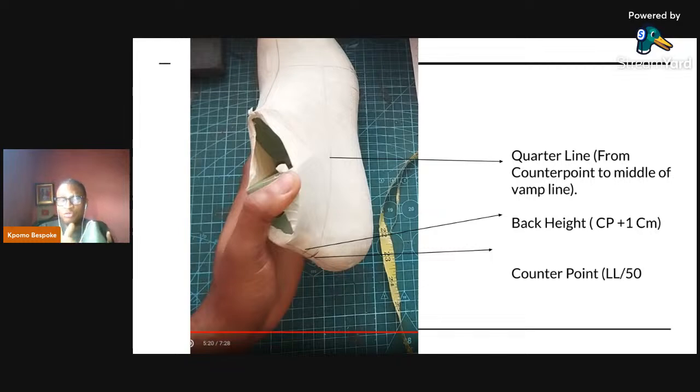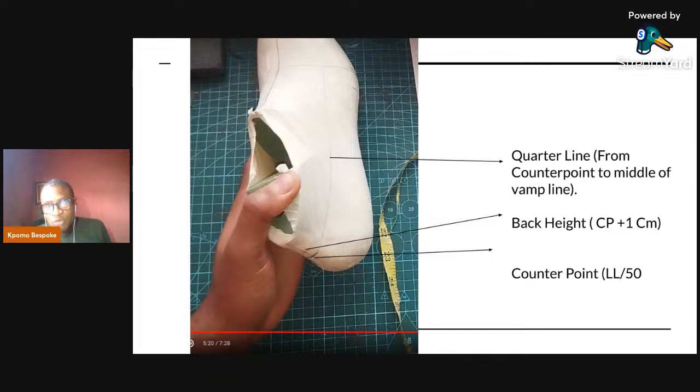But if it is a shoe and it is already slipping out of the shoe, then it can be uncomfortable, and the person will be trying to use his toes to grip himself in the shoe while he's walking. So you want shoes that are very comfortable for your customer without any problem, which is why I like to add between 0.5 cm and 1 cm to the counterpoint to give me my back height.